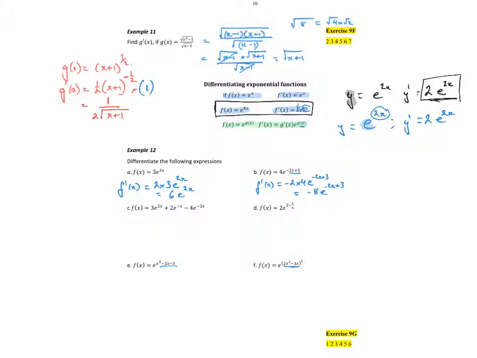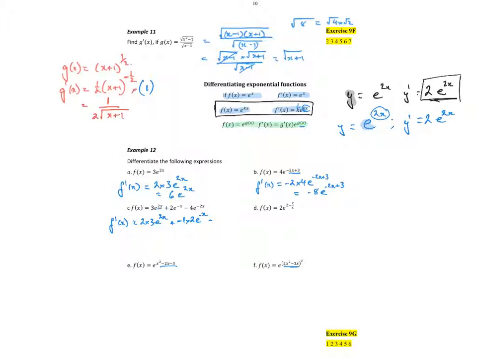Multiple terms again. F dash of x is equal to, the derivative of the power is 2. 2 times 3e to the 2x plus derivative of negative x is negative 1. Negative 1 times 2e to the minus x. Well, I guess minus, derivative of e to the minus 2x is negative 2.